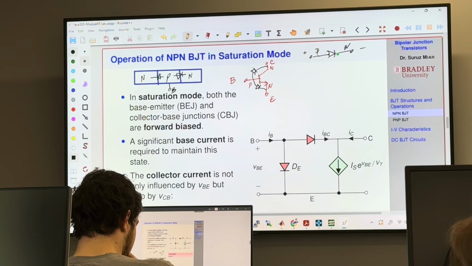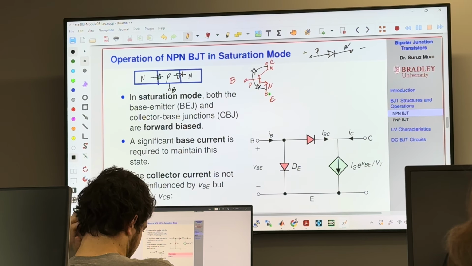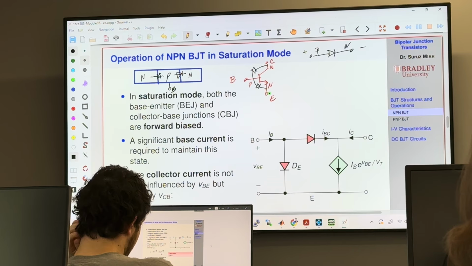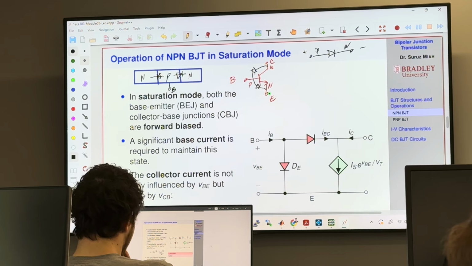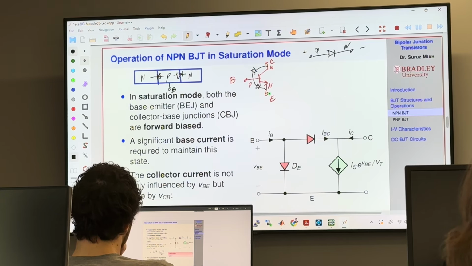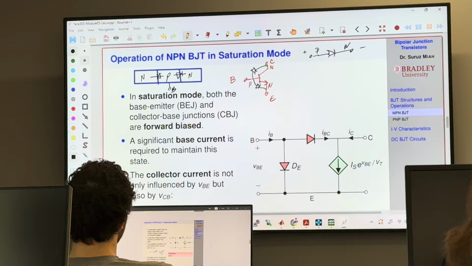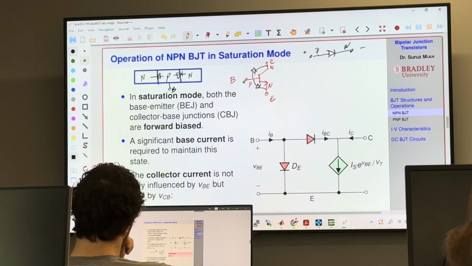Now, when I say saturation mode, what you have is the base emitter junction is going to be forward biased, just like in active mode, base emitter junction forward biased. In saturation mode, base emitter junction is forward biased as well. And I'm going to tell you what saturation mode is in a moment. And the collector base junction is going to be forward biased as well.